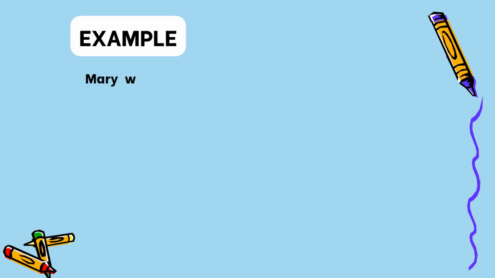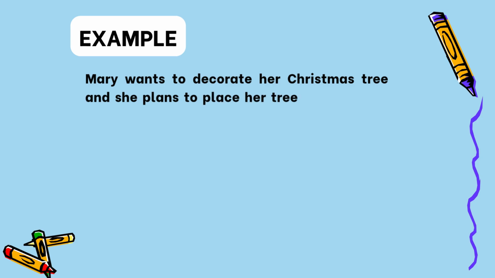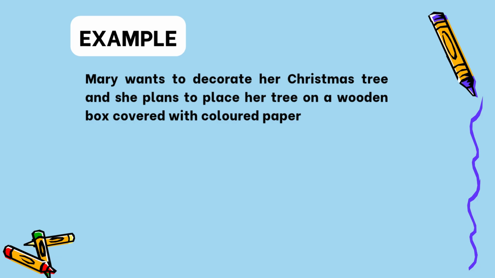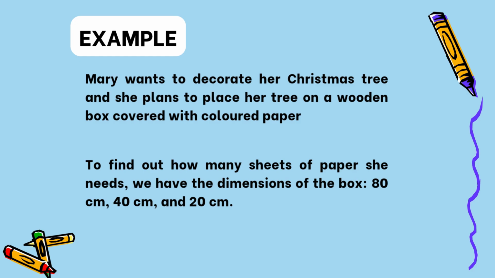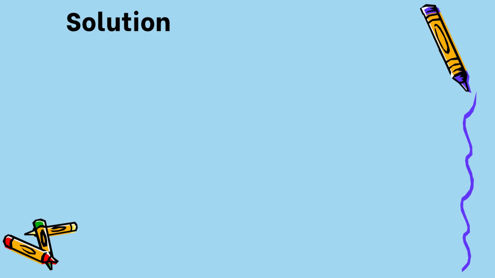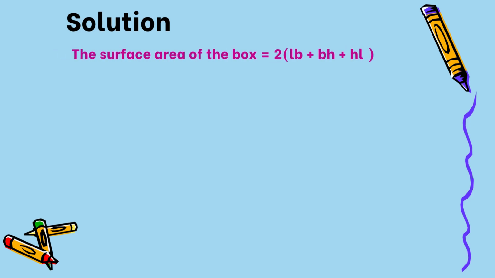Here's an example. Mary wants to decorate her Christmas tree, and she plans to place her tree on a wooden box covered with colored paper. To find out how many sheets of paper she needs, we have the dimensions of the box: 80 centimeters, 40 centimeters, and 20 centimeters. First, we calculate the surface area of the box using the formula 2 times (LB plus BH plus HL).